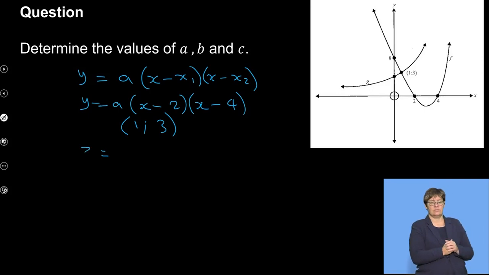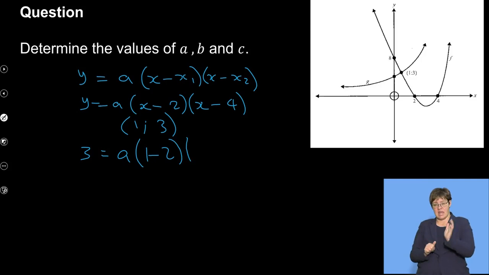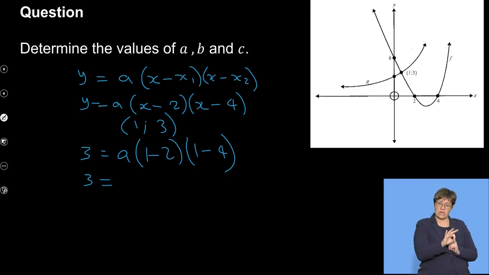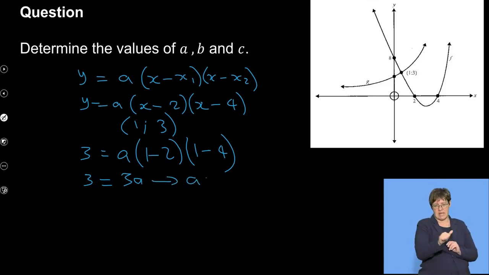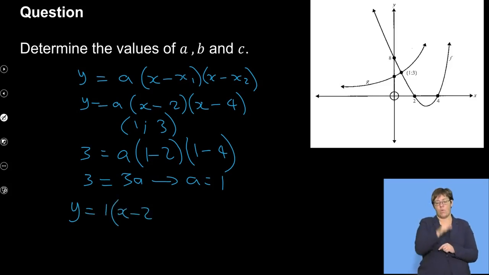So this will be 3 equals a into 1 minus 2 into 1 minus 4, right? And then 3 equals a, where 1 minus 2 is minus 1, and 1 minus 4 is minus 3, so minus 1 times minus 3 is a positive 3. So this will be 3a, and therefore a equals 1. So already I can say y equals 1 into x minus 2, x minus 4.